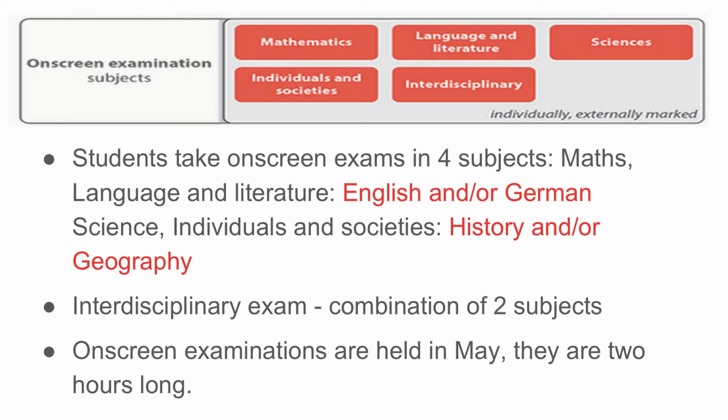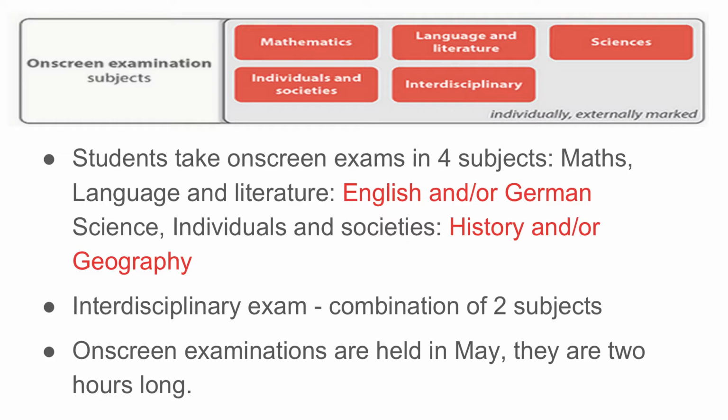Students take 4 subject exams in maths, language and literature, which at MIS will be either English or German. In science, there's an exam, and in individuals and societies, the students will register for history and or geography. There is also an interdisciplinary exam, which asks students to make connections between 2 of the subjects from the other exams.